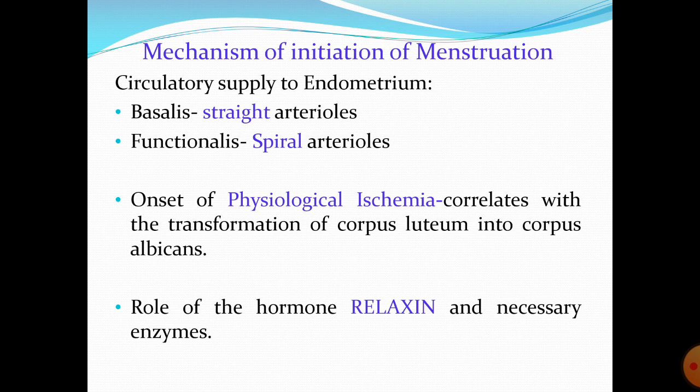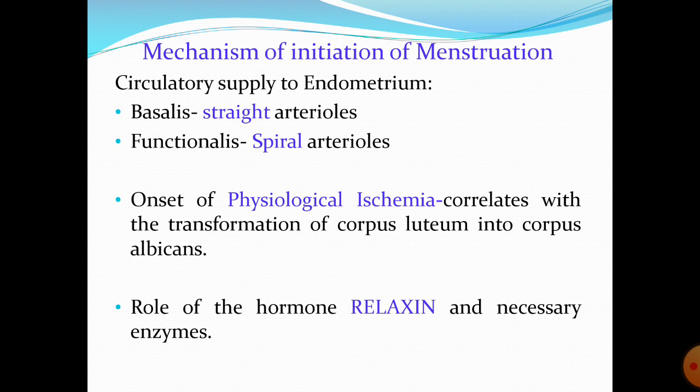level of the ovary. To bring about the contraction of the uterine endometrium, another hormone called relaxin is produced along with the necessary enzymes. At this juncture, the endometrial tissue starts degenerating. Due to constriction, blood vessels get injured.